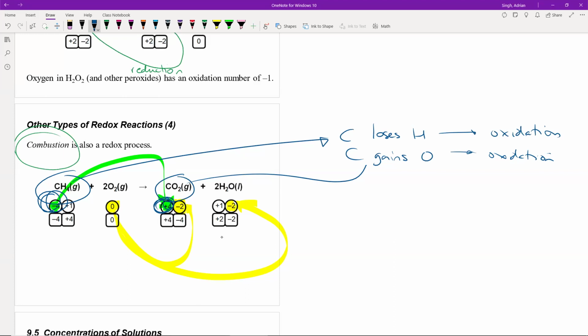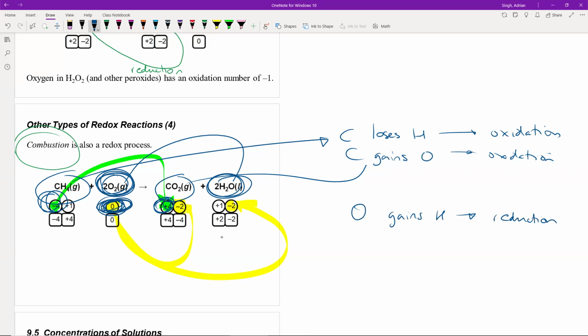If you look at the oxygen here, the oxygen is by itself. It now has attracted hydrogen, so the oxygen gains hydrogen. That's an example of reduction, right? We can also confirm that because the oxidation number goes from 0 to -2.